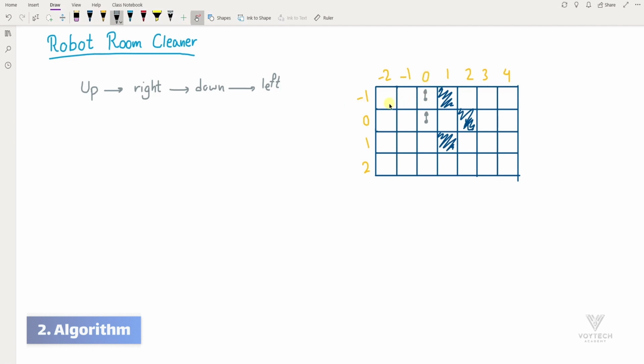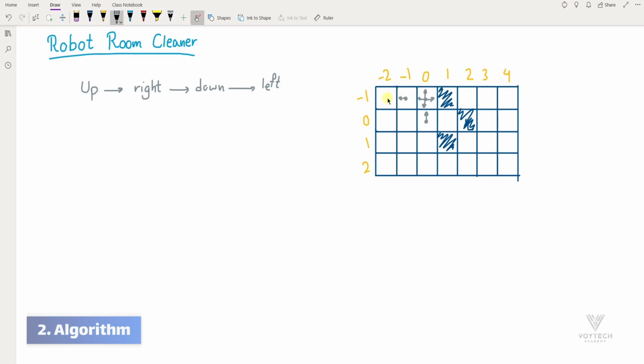So based on the right-hand rule that I just discussed, it should turn right, and this is the new direction. But there's an obstacle too, and so it turns to down, and there is a visited cell, which is a virtual obstacle, and then it turns right again, and the new direction is left, and it says, okay, here's empty, so it goes left with this direction.